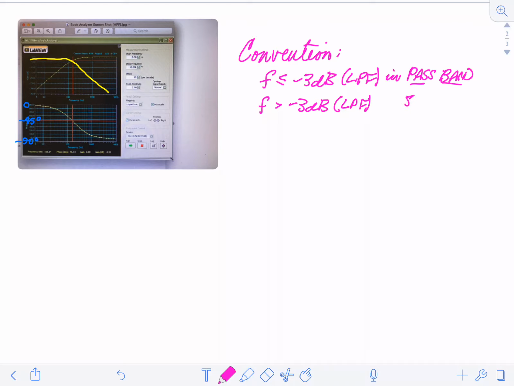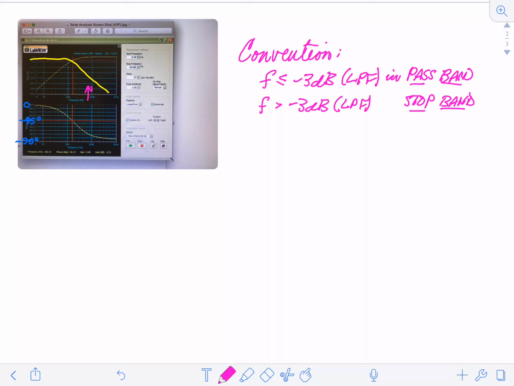And frequencies that are greater than the minus 3 dB point in a low-pass filter are in the, what they call it the stop band, or they might call it the reject band or something like that. It's not really stopping, because you can see over here that it's not going to 0.